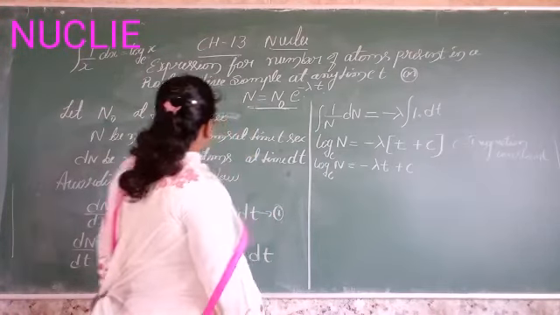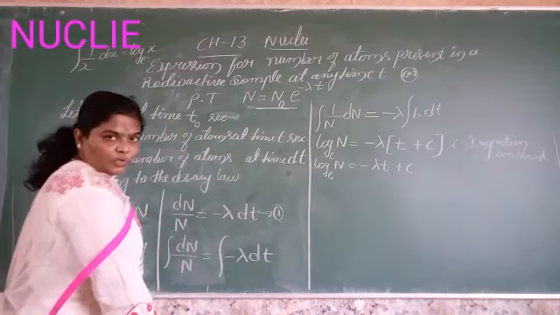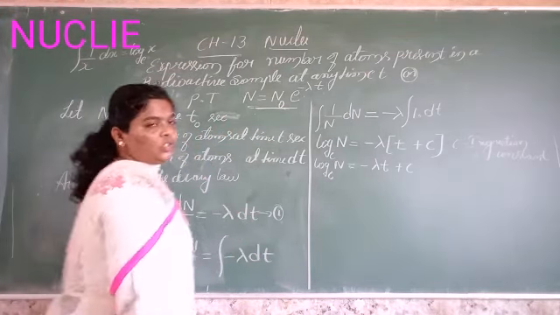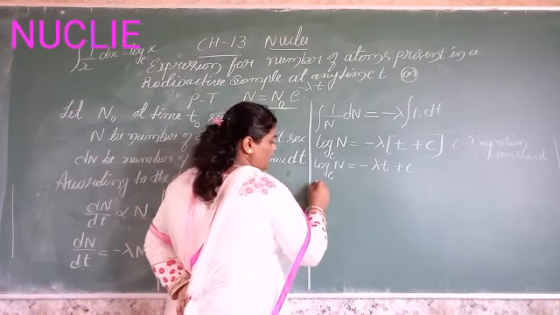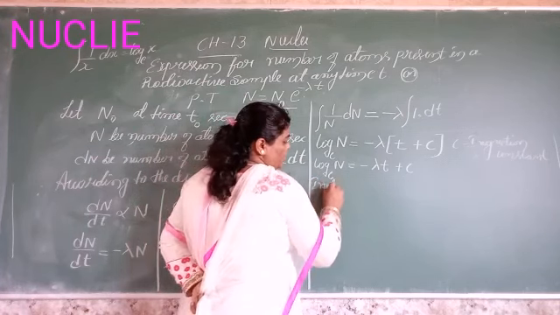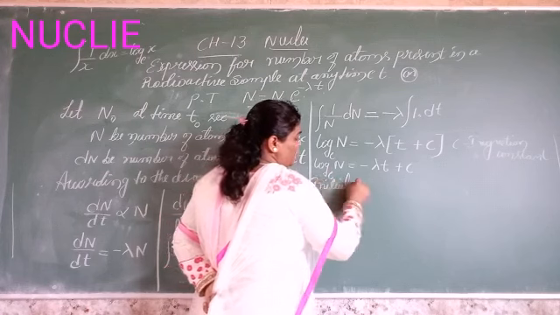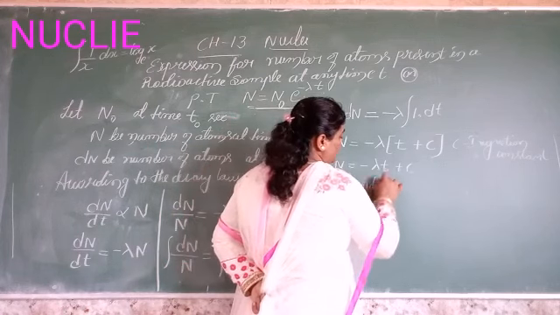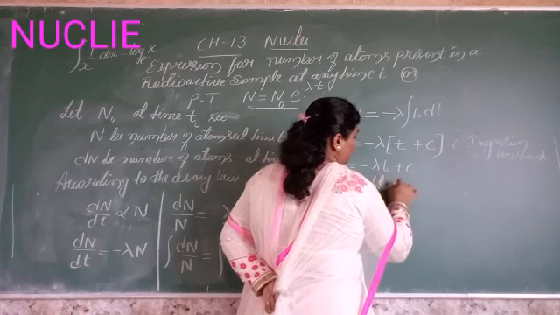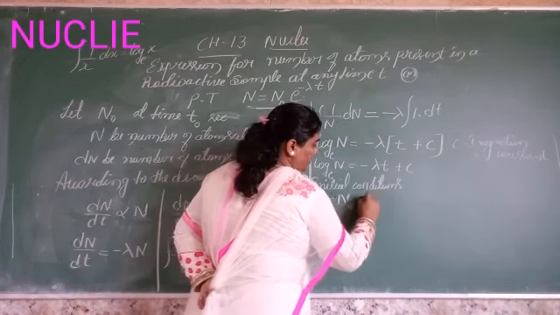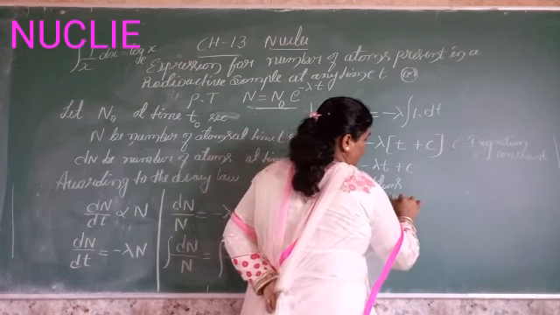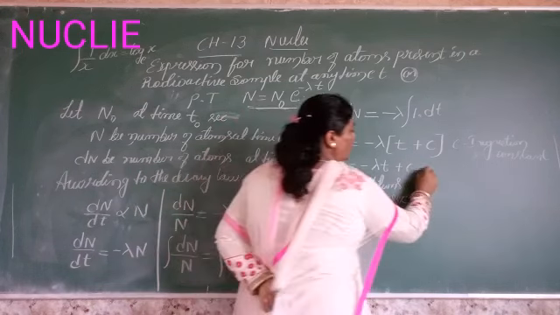What are the initial conditions? N is equal to n naught, t is equal to 0 seconds. Substitute the initial conditions in equation 2.